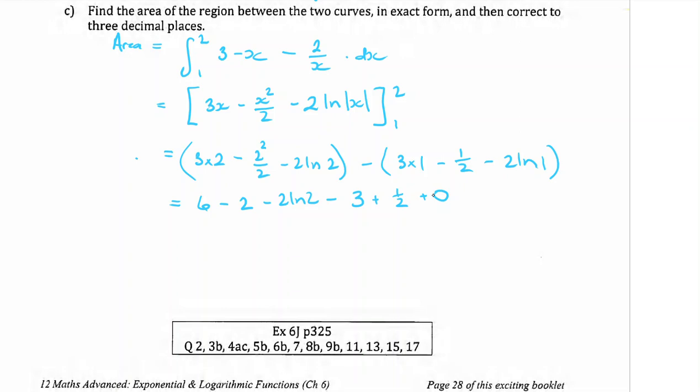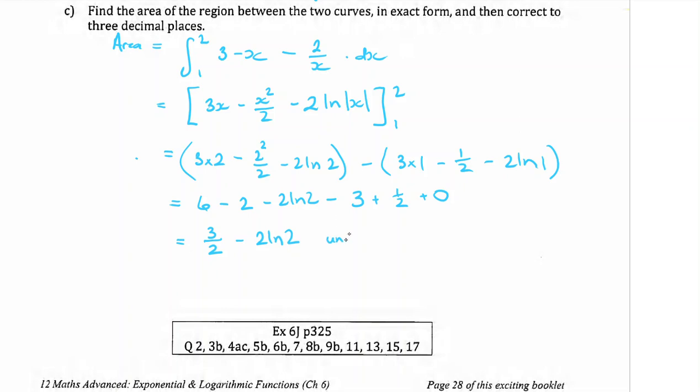Okay? So, all the numbers. 6 minus 2 minus 3 plus a half. 1.5 or 3 over 2. And then minus 2 ln 2. Okay, so that would be the area exactly.